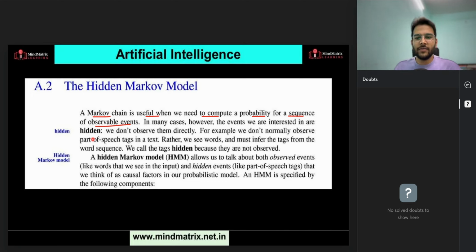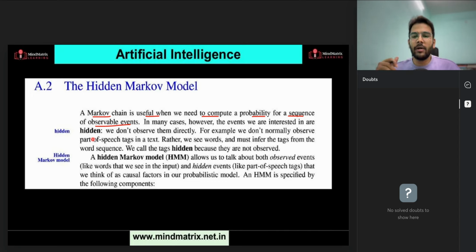Because if we are starting from one state and going to another state, the probability of reaching the next state depends on the current state, right?